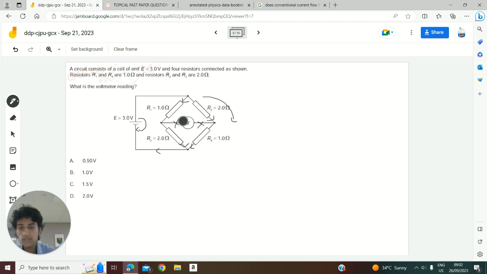So let's say it goes this way. So after R1, 2 volts will be remaining. But then let's say it went this way, 1 volt will be remaining. So we can see on this side there's 2 volts and on this side 1 volt. So the potential difference would be 2 minus 1, so it will be 1 volt. So the answer is B.